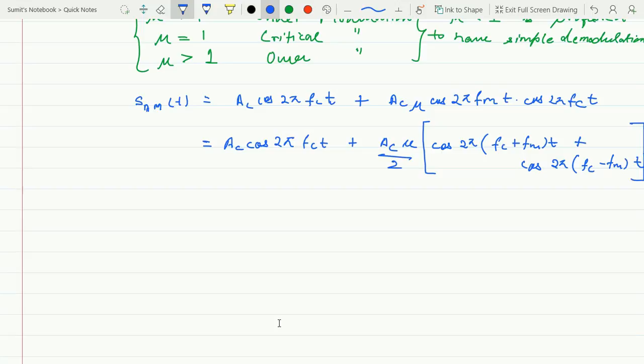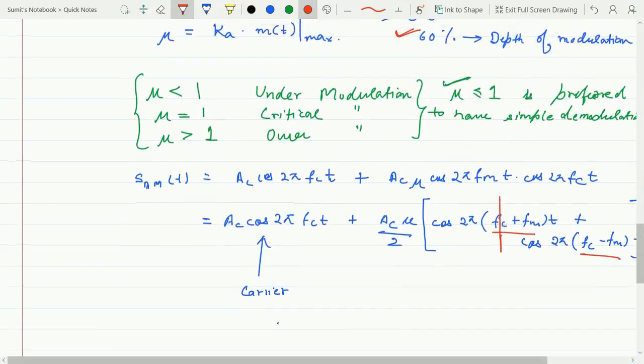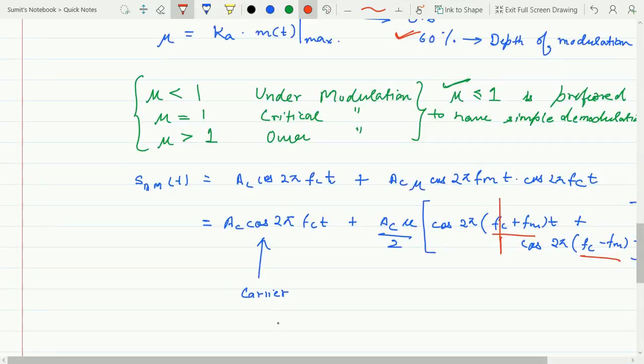Now this part you can see is your carrier signal. And now let's see these two parts. One is F_C plus F_M, one is F_C minus F_M. F_C plus F_M is higher than F_C, your original carrier frequency.